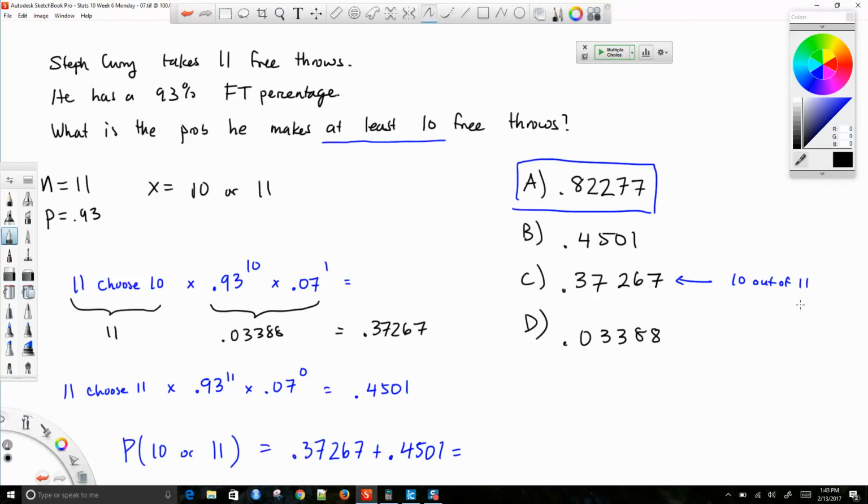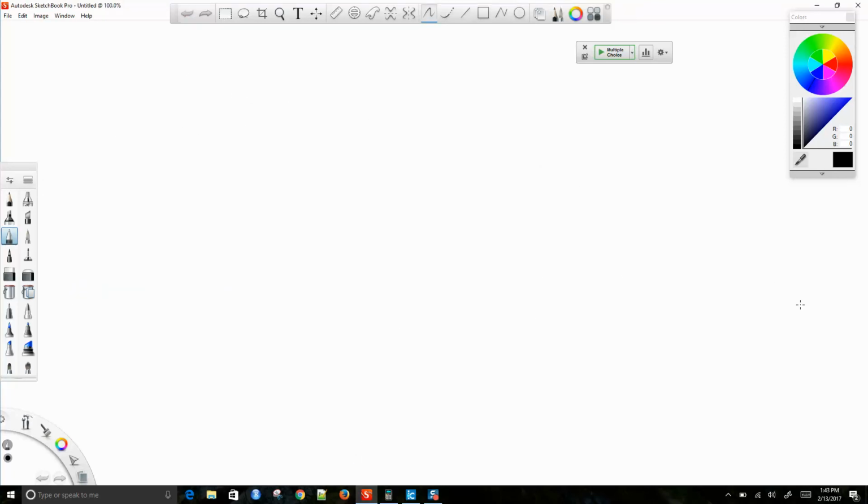All right. So, putting all of this together, we can create a formula for the binomial probabilities. The probability formula: identify n, p, and x in the problem.